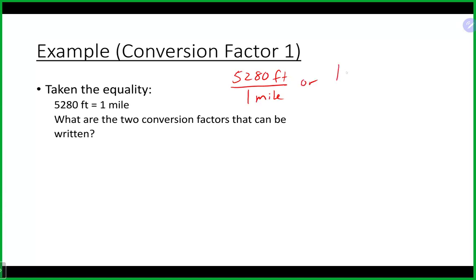Or I could flip it around and put the 1 mile on top and the 5,280 feet on the bottom. You can always get two conversion factors from any equality. They both represent the same length, just in different units. Question on that one?